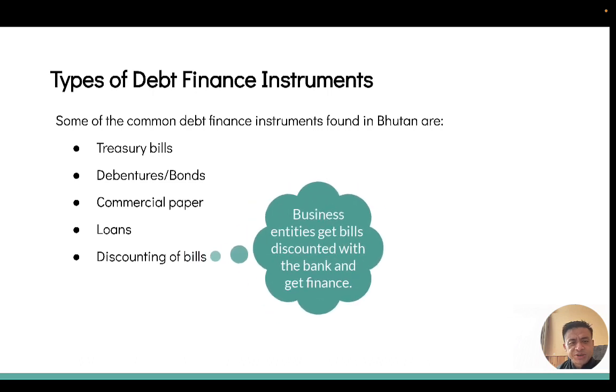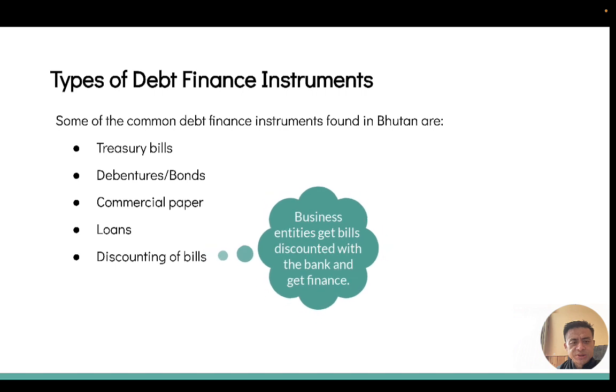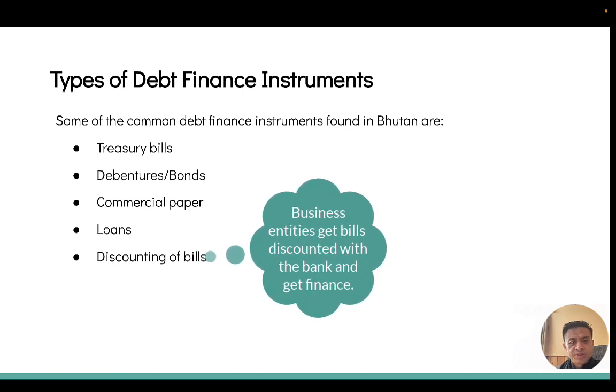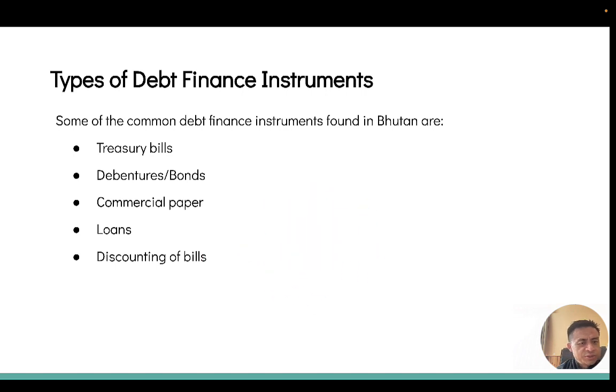Discounting bills of exchange is one of the oldest means of raising finance, where if the company has sold goods on credit, the bills received for credit will be discounted with the banks and get finance from the bank till the duration of the credit terms. These are some of the common debt instruments you will find in Bhutan.